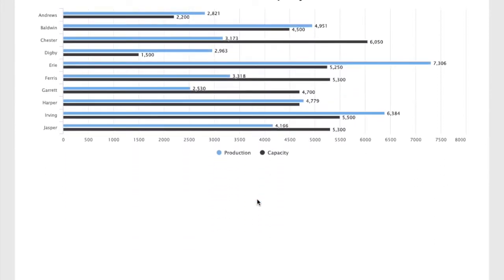Next we will take a look at the production analysis. In this chart, I want you guys to pay attention to two things. One is the production that you made, and the other is the capacity that your team has.